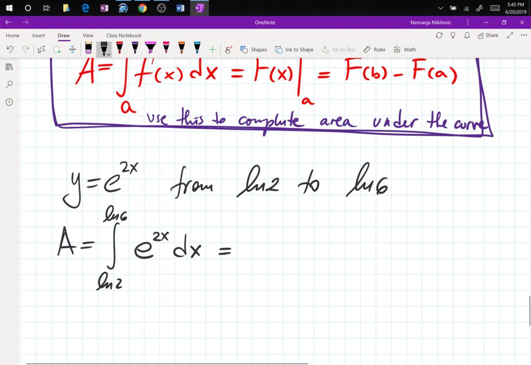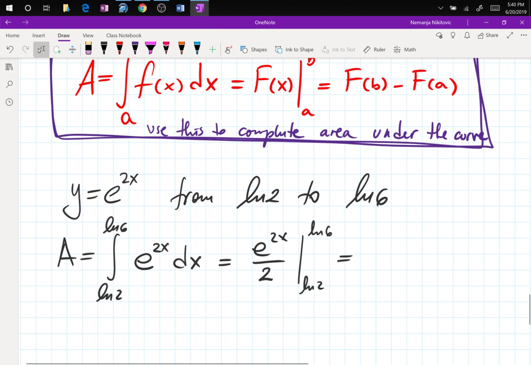Now in 4.9 you memorized that e to the ax is integrated into e to the ax divided by a, right? So this becomes e to the 2x over 2, computed from ln 2 to ln 6. Now your job is to plug in the limits. The upper limit is b, it goes first. If you look at the formula above, you will plug in b limit first, and then you will plug in the a limit second.